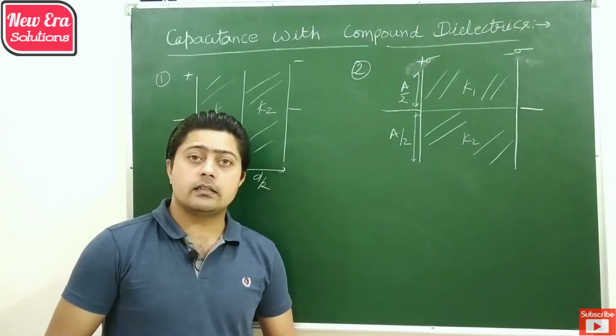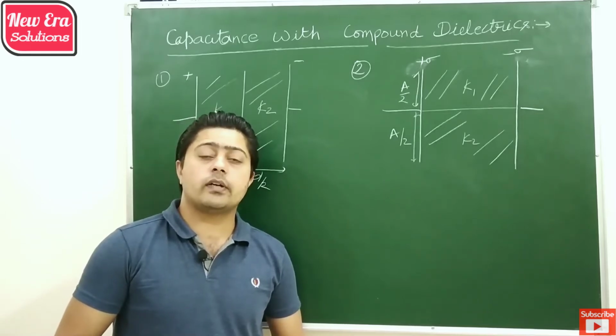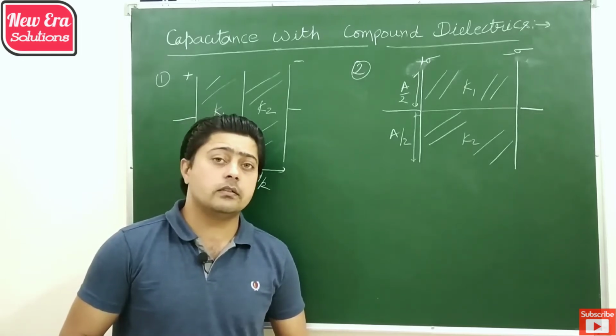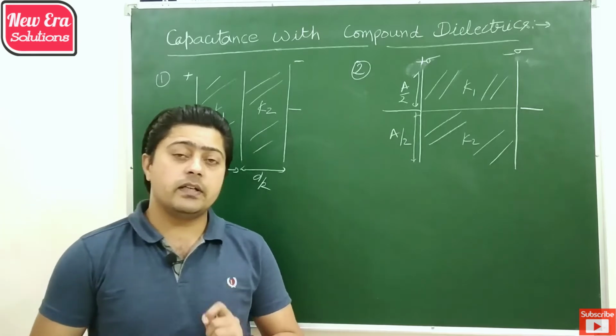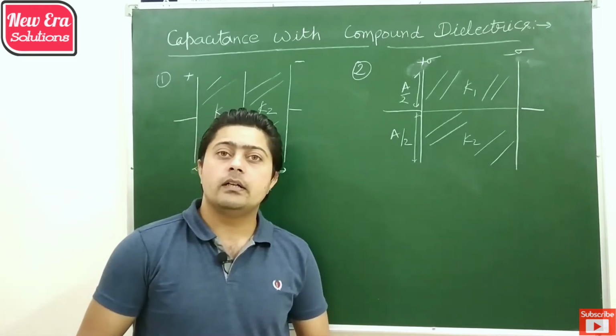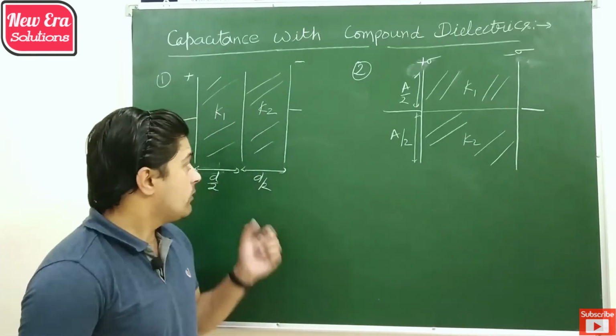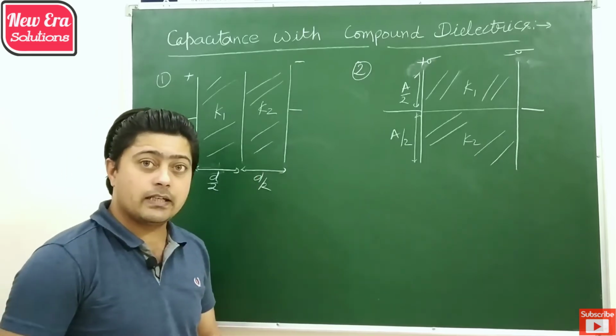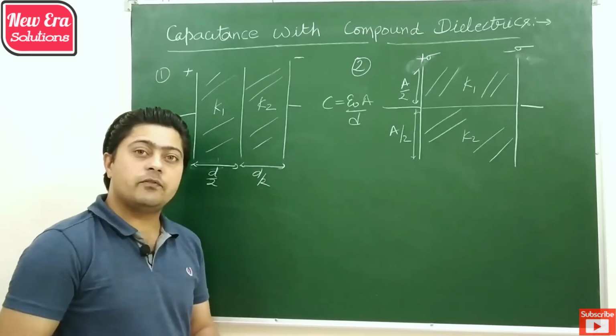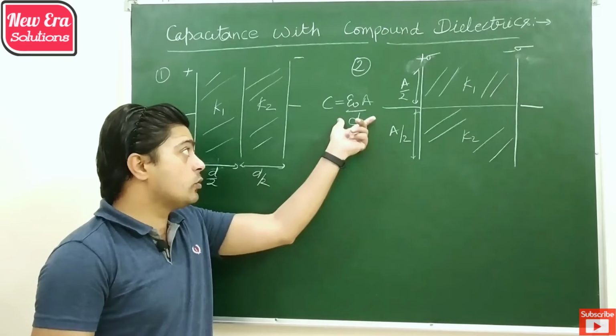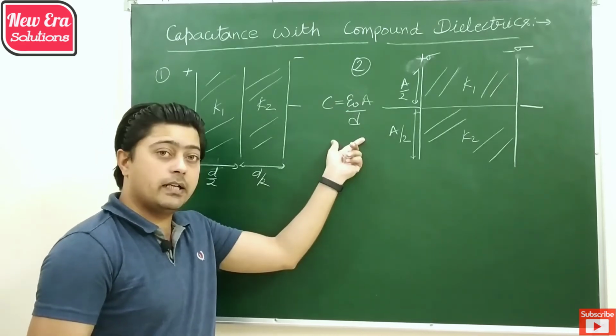Okay, now let's discuss the various cases to calculate the capacitance of a capacitor when it is filled with multiple dielectric media. We have the first two cases as examples. Let us have a parallel plate capacitor whose capacitance is epsilon naught A by d.